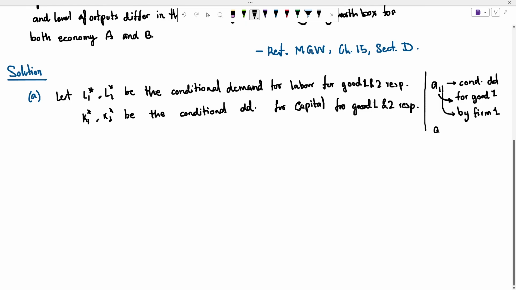So A12 would be the conditional demand for good 1 by firm 2, and basically firm 1 only produces good 1 and firm 2 only produces good 2. So that is the notation used in MGW.